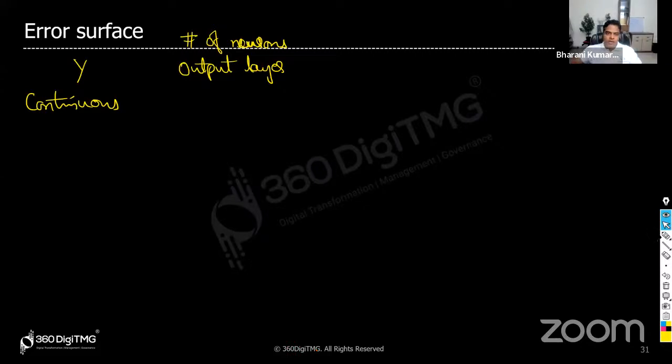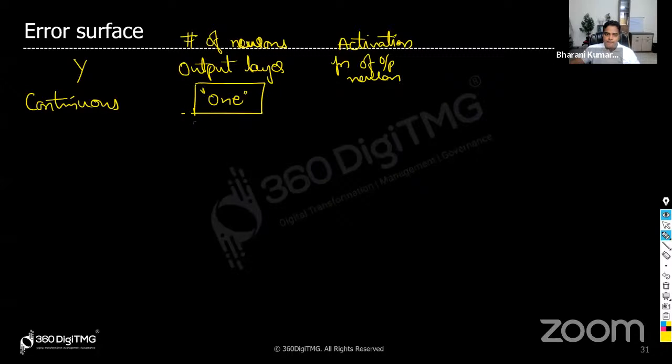Absolutely. You're going to have one neuron. Absolutely. Bang on. You guys are absolutely right. Then, what is the activation function of this output neuron? What will be the activation function, friends? Come on, you should be able to answer this.